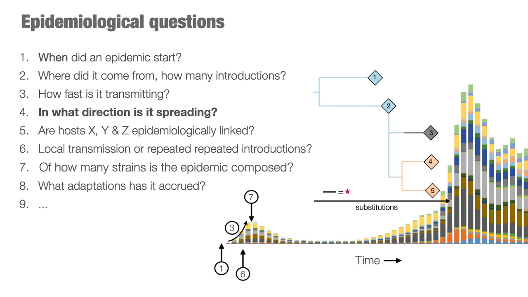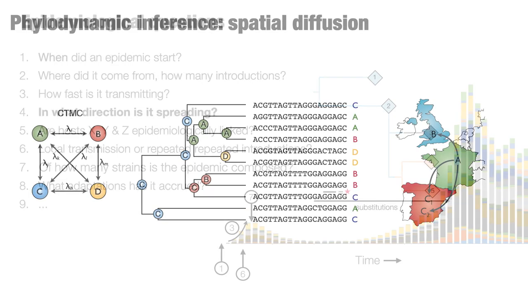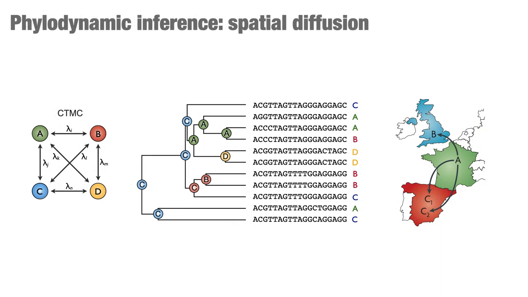Another aspect that we can learn a lot about using phylodynamic analysis is how transmission manifests spatially. For this, we can embed simple spatial models in our phylogenies and reconstruct how viruses have migrated or dispersed between locations over time.